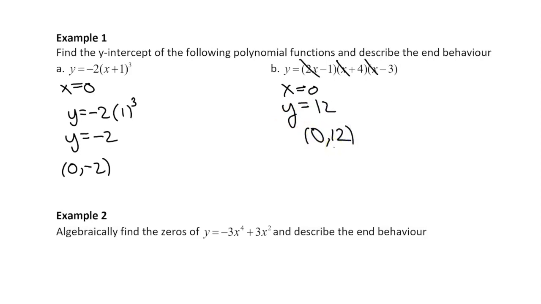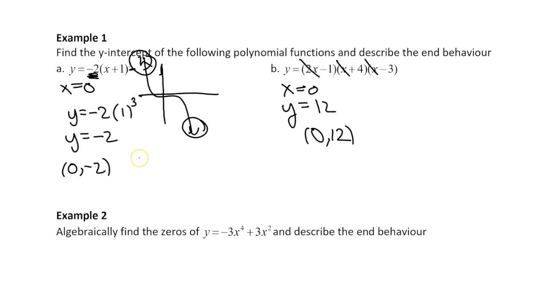And for the end behavior, again, you could graph this. You could put it in your graphing calculator. You could use Desmos, but we know that this would be a negative cubic function, and a negative cubic function extends to quadrant 2 and quadrant 4. So depending on how you want to write this, we can just describe it.